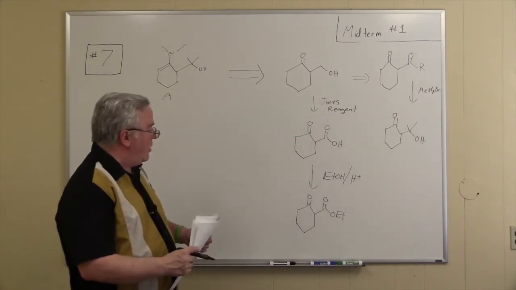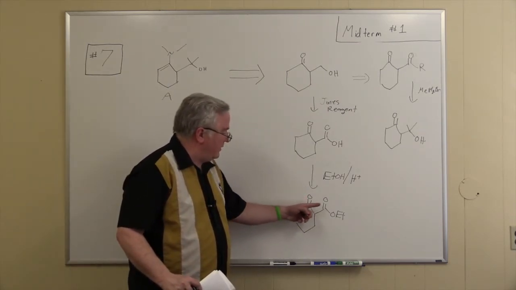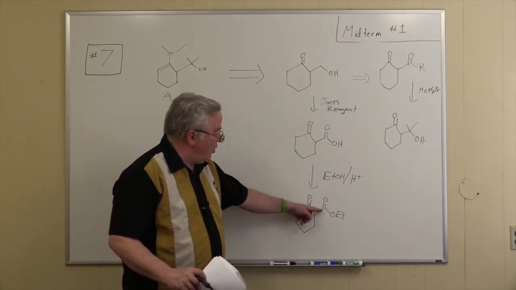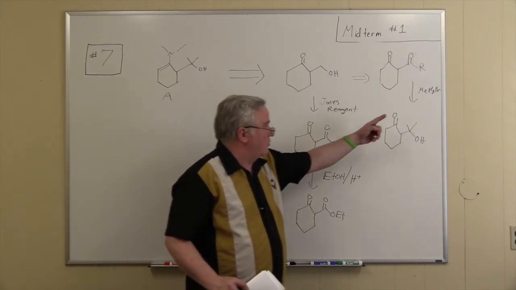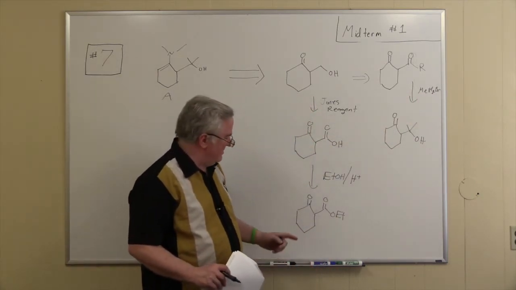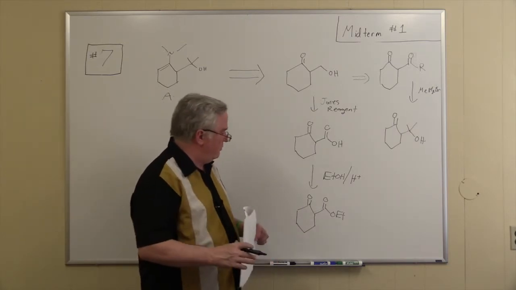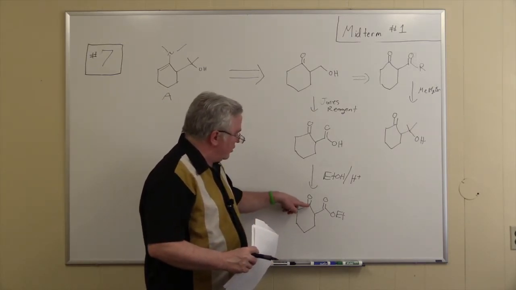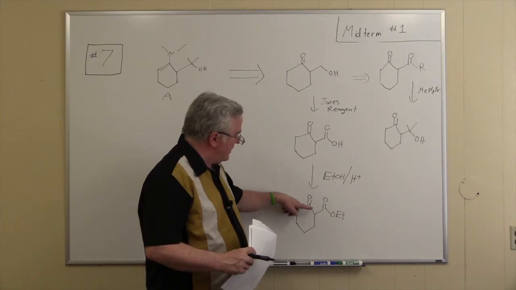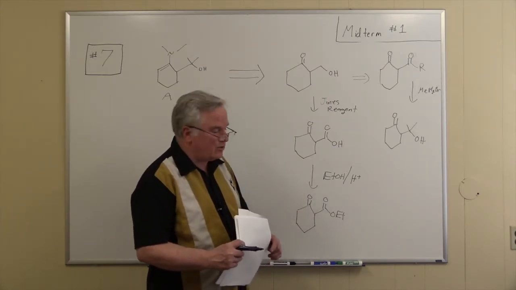That's nice because now we have a carbonyl group and we have an ester. We know that esters react with Grignard reagents, so do ketones, so what are we going to do? Now we very nicely have quite a reactive carbonyl compound, and over here this one is less reactive.